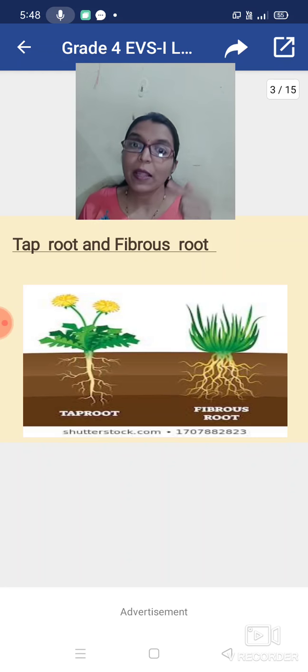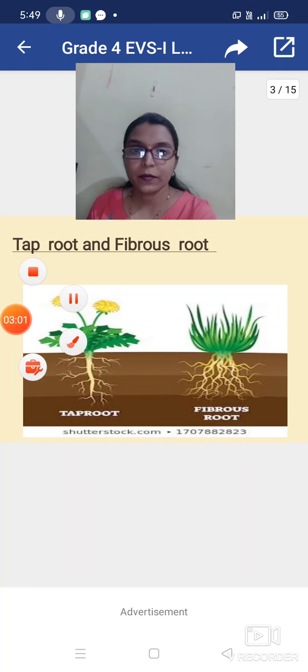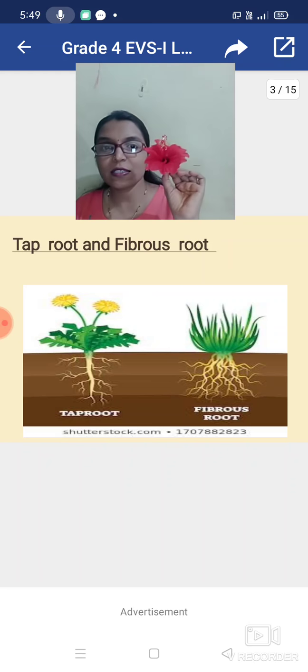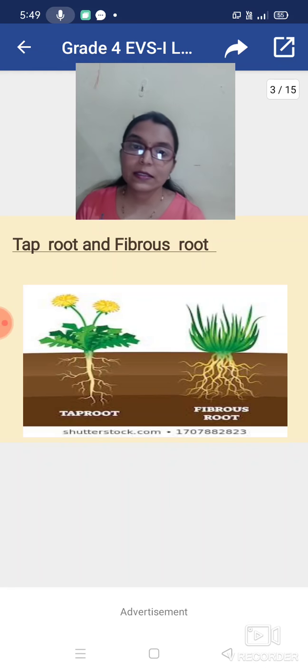In the taproot system, the main root is thick, and that thick root has branches. And in the fibrous root system, there are thin branches. We can remember with the help of examples also. An example of the taproot system is the flower plant China rose or hibiscus. That root system is the taproot system. And you can take another vegetable, carrot.